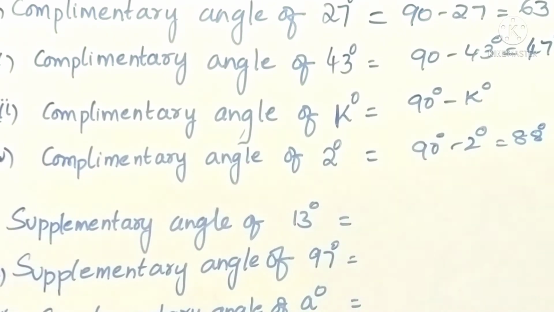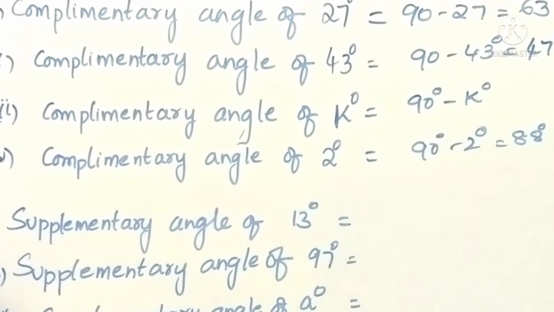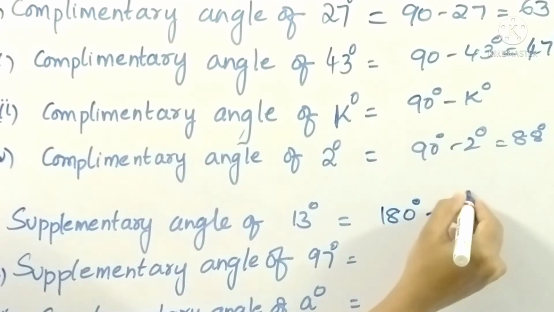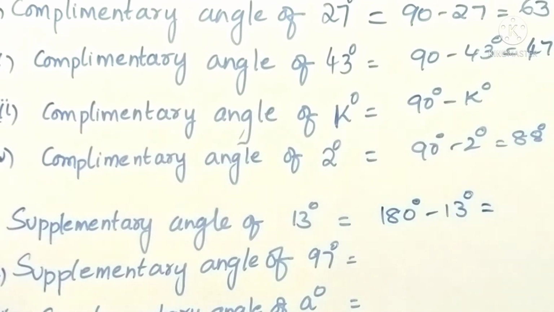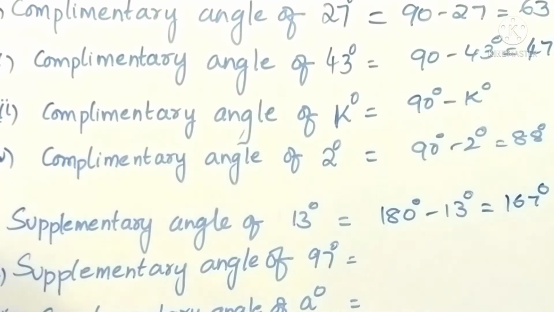Next, the second problem, they are asking for the supplementary angle of 13. The supplementary angle of x means 180 minus x. So 180 minus 13. 180 minus 10, how much? 170. And 170 minus 3 is 167.